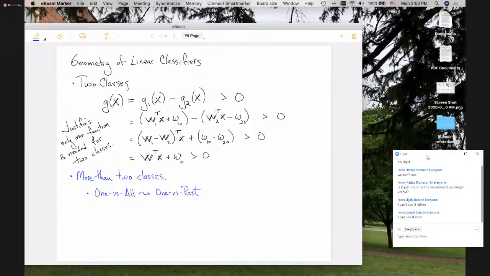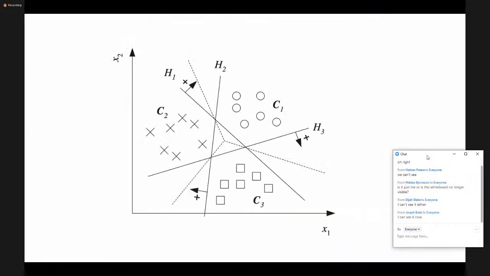where the idea is that you're going to learn a separate classifier, a separate linear model for each of the classes that looks something like this, where we are separating, let's see, where's class one? Here's class one. We're separating class one from the combination of classes 2 and 3 by learning the single linear model.